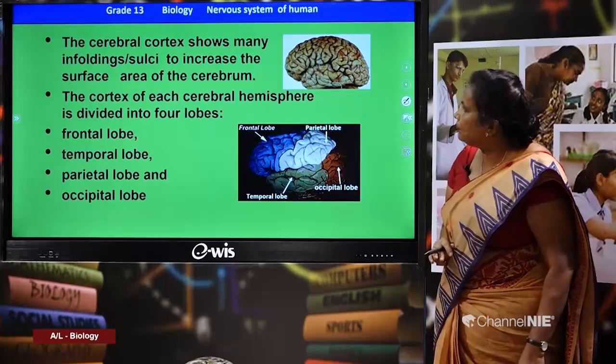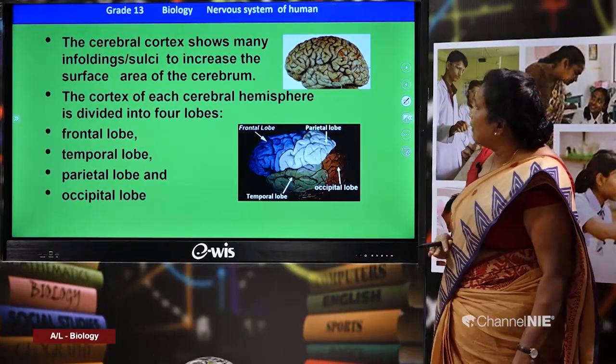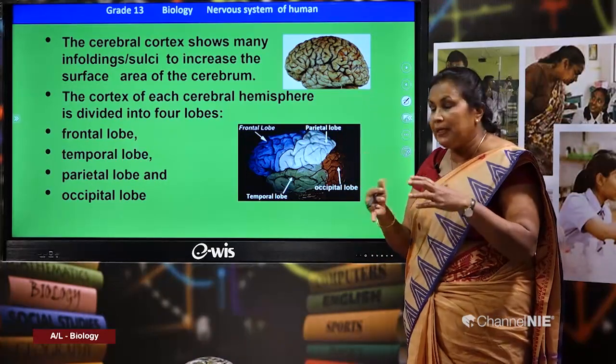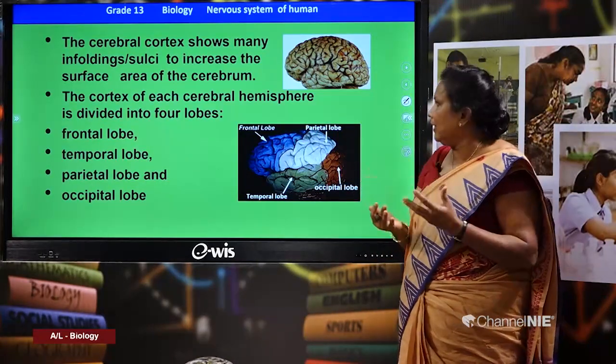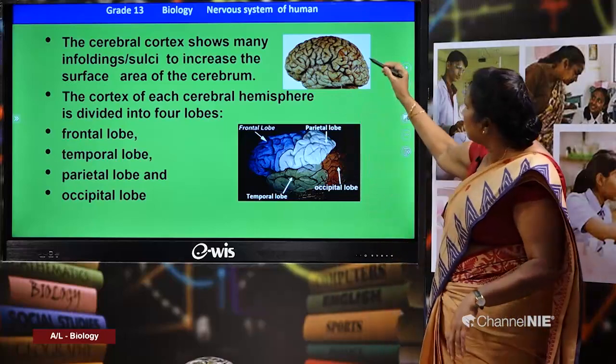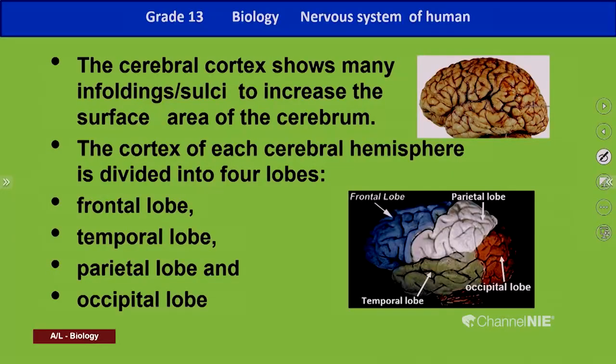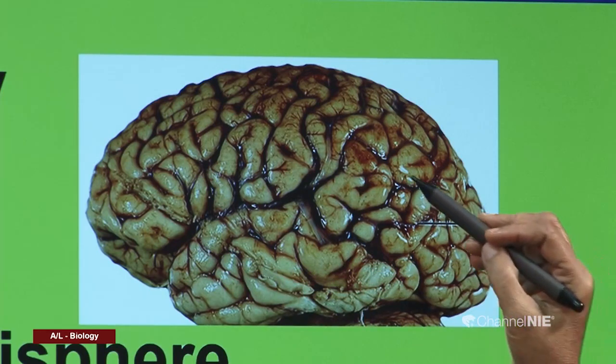Next we move to how the cerebrum increases its surface area. Surface area is increased by forming a large number of infoldings. You can see here, this is also a real brain.